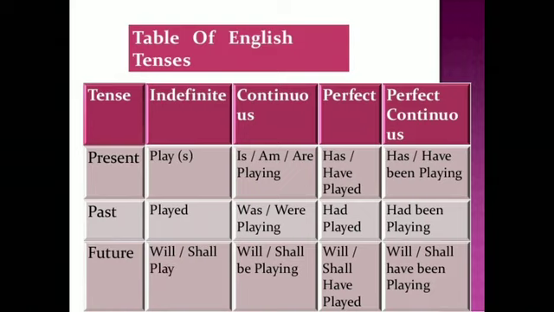After then, in present continuous tense, you can form a sentence, I am playing. After then, the next one is present perfect tense. So in this you can easily form a sentence, I have played. Then present perfect continuous tense, in which you can form sentence very easily, that is, I have been playing.